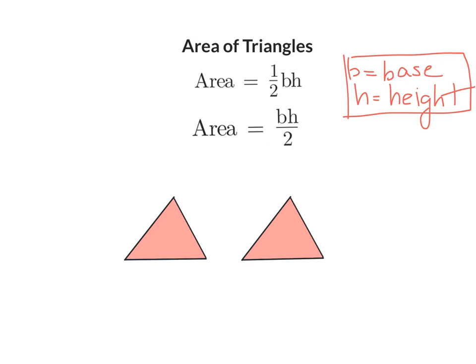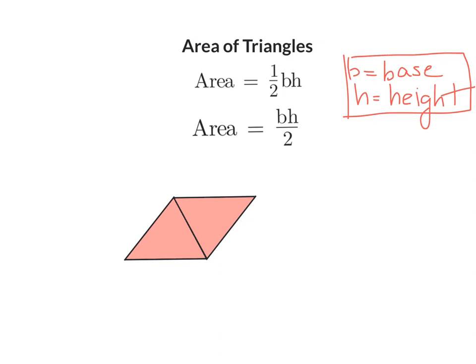So if you've ever wondered where this formula comes from, I'm going to show you. I have two congruent triangles here. I'm going to take one of my triangles and I'm going to rotate it so that I can match it up to the side that's the same length and create a parallelogram.